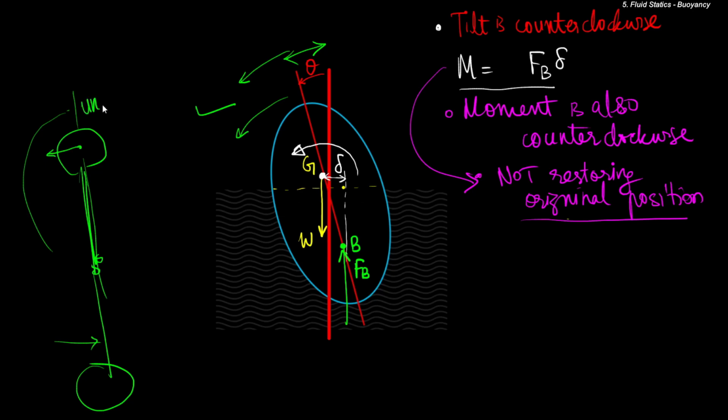So this is the unstable equilibrium position about this pivot point, and this is going to be the stable equilibrium position. So despite us having equilibrium positions, whether or not they are stable or unstable is decided by whether or not the force or the moment is restoring. Restoring means it takes it back to its original configuration.